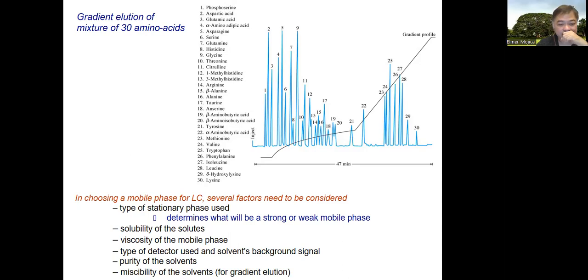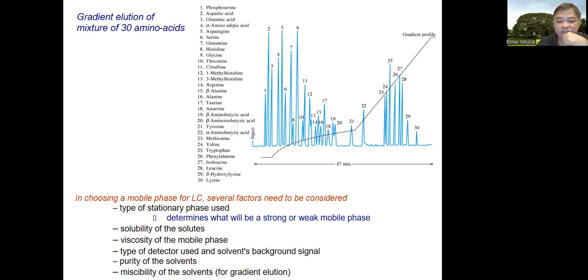You don't want your component to precipitate with a certain solvent. It happens. It will clog your system. So you want to make sure that the component that you're separating is soluble in the solvent, especially if you have two or more solvents.